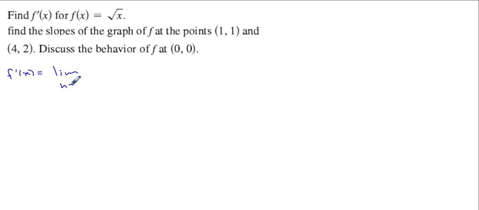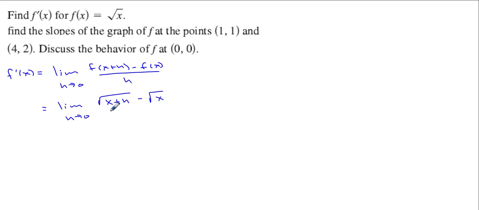Let's use h. f of x plus h minus f of x all over h. Okay, limit, h goes to 0. f of x plus h, that would be root x plus h. Minus f of x, well that's this, square root x all over h.